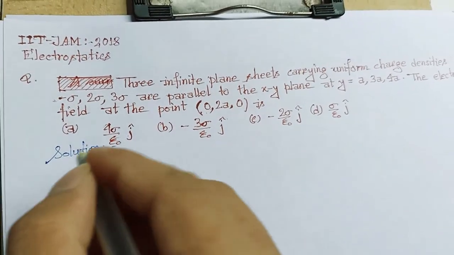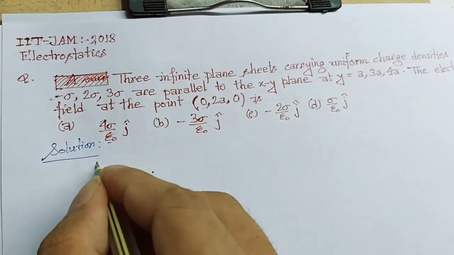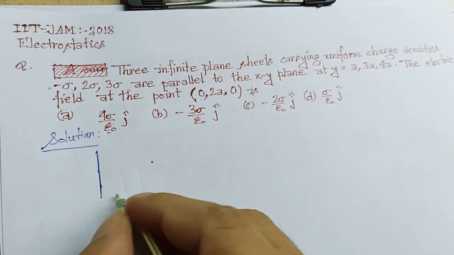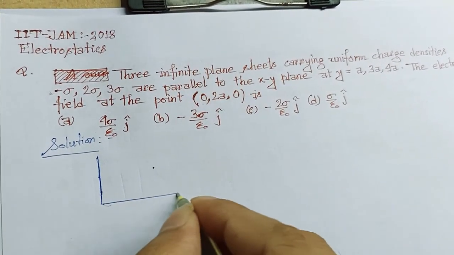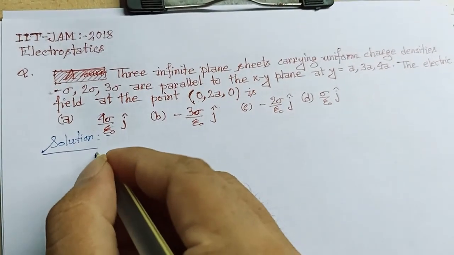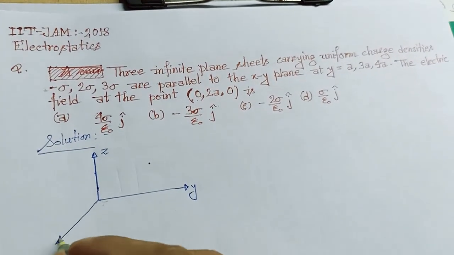For solving this question, first of all we have to draw the diagram related to this problem. So this is an XYZ three-dimensional coordinate system in which this axis is representing the y-axis, this axis the z-axis, and this axis the x-axis.